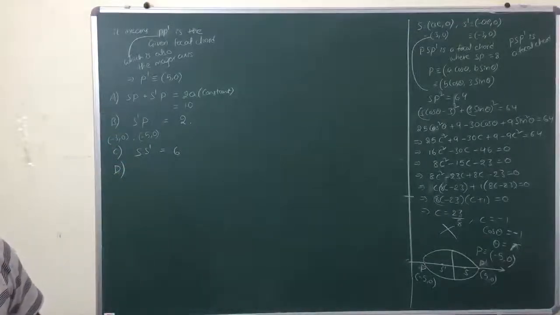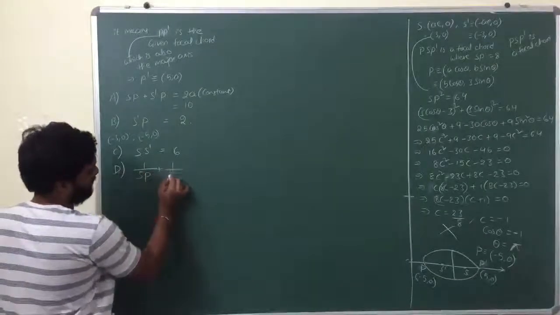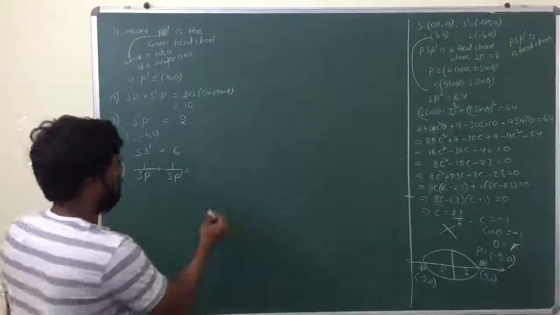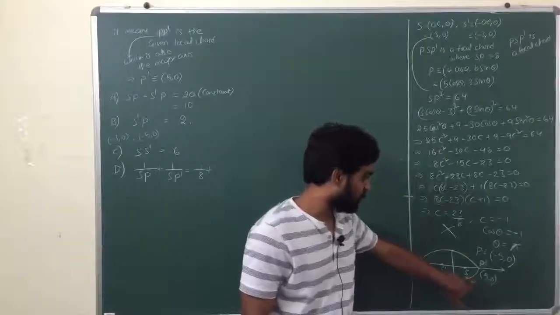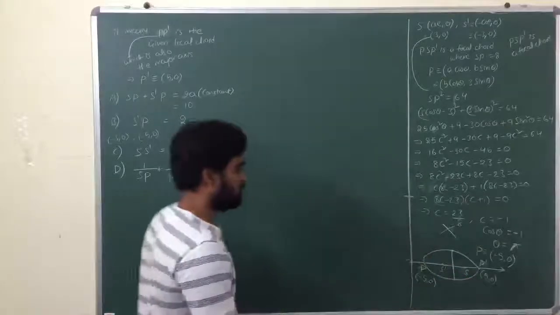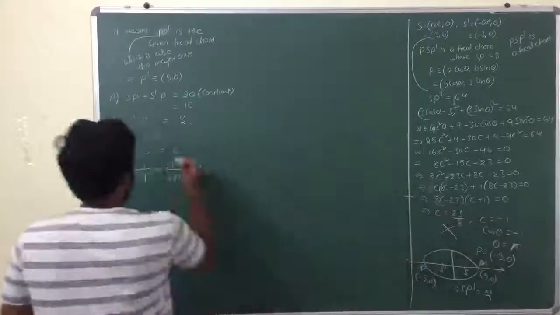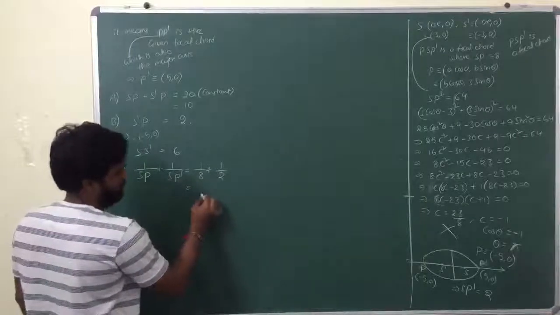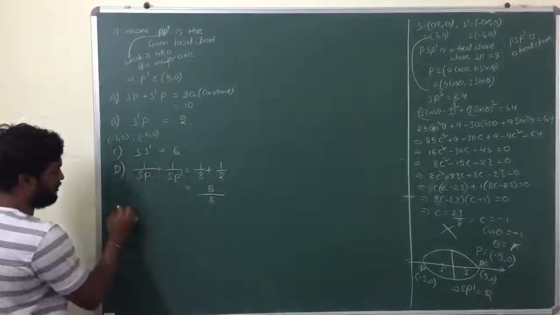Option D: 1 by SP plus 1 by SP dash. What is SP? It's already given. S is 3 comma 0 and P dash is 5 comma 0, so SP dash is 2. So 1 by 8 plus 1 by 2 is 5 by 8.